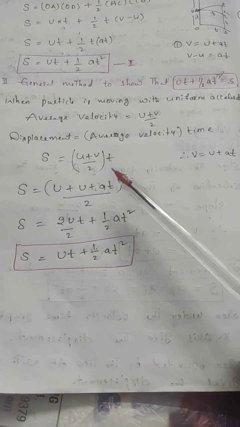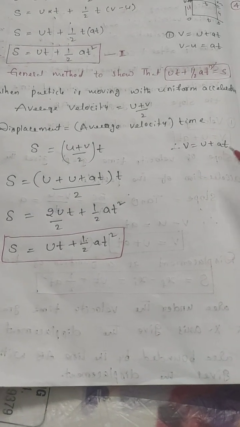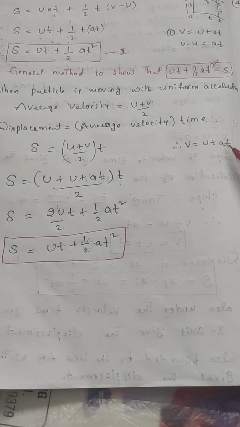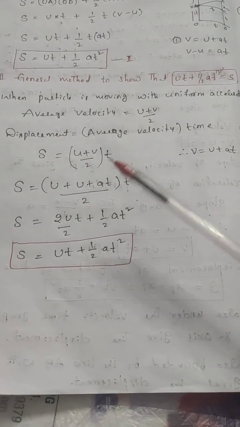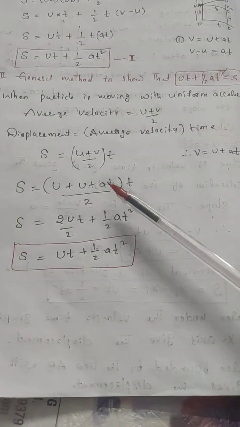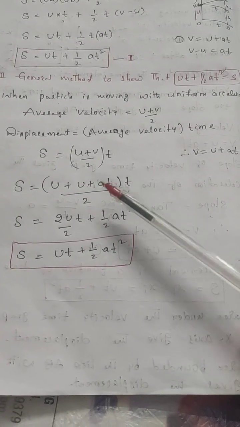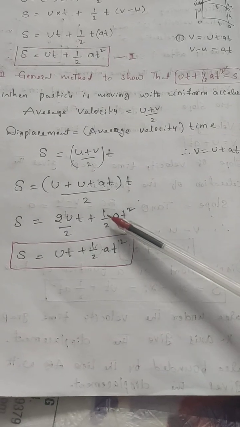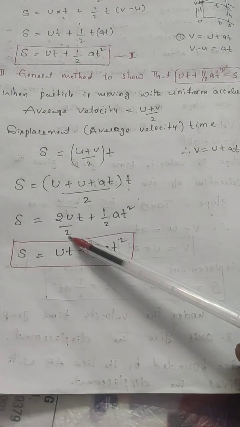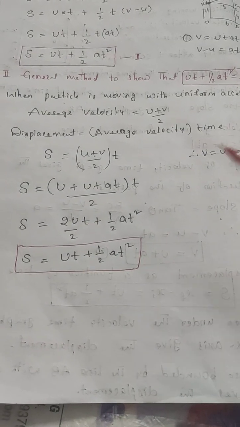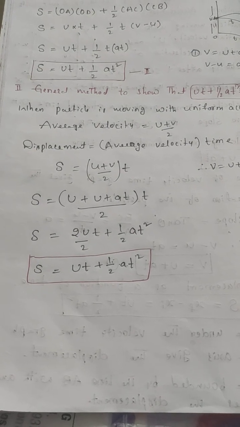Now v, from the first equation, is u plus at. Substitute u plus at instead of v. Now u plus at, plus u already there, is 2u by 2. t should multiply it, plus 1 by 2 into at square. Finally, the 2 gets cancelled: ut plus half at square. This is the general method for the second equation of motion.